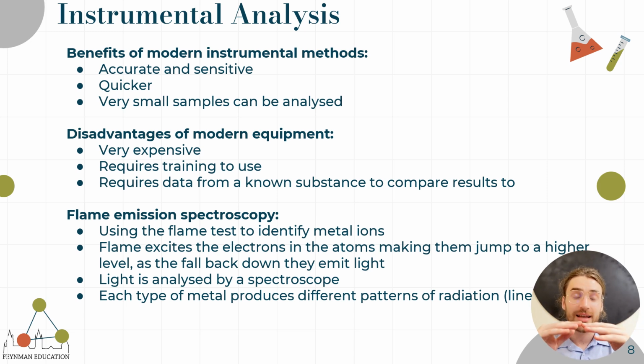As that substance gets heated up, its electrons are going to jump to another energy level, and as it releases that energy and goes back down, it's going to emit light. That light radiation can then be picked up by the machine's special cameras and identified as what element we are talking about.